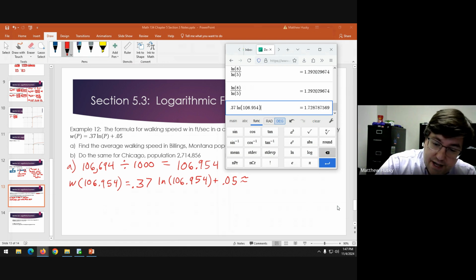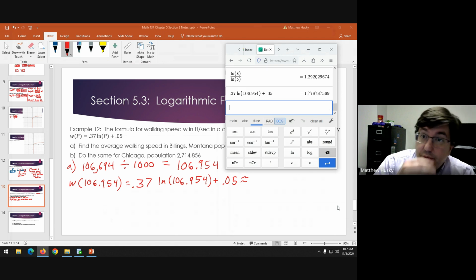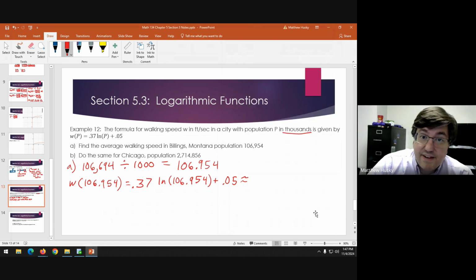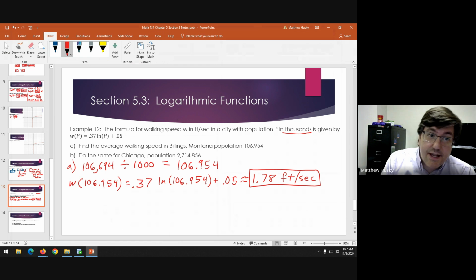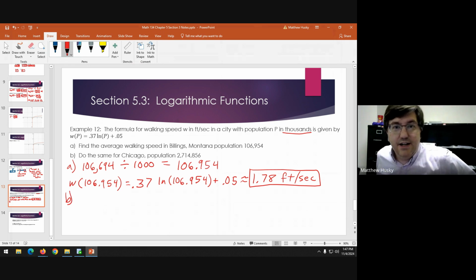Close the parentheses, add 0.05, and when you do, you get 1.78, and that is feet per second. Cool. So that's the very leisurely moseying pace of people who live in Montana.